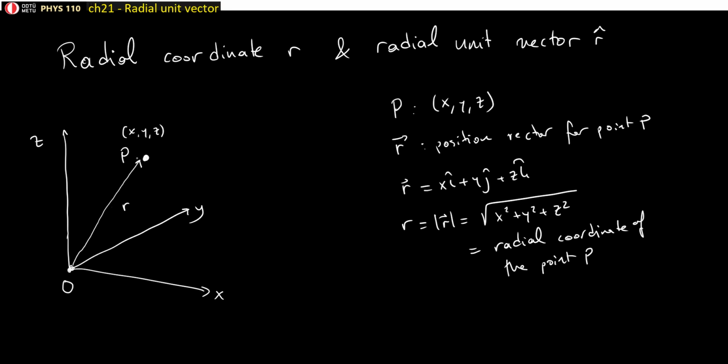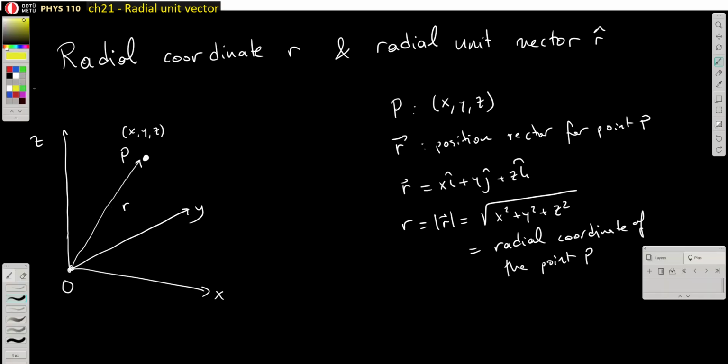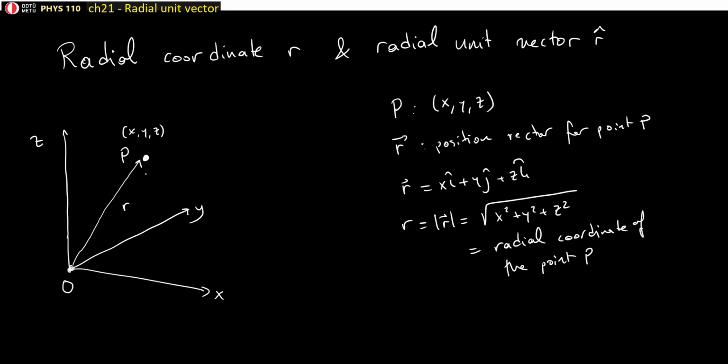In any case, so let me choose a different color in here. We can also define a direction, a unit vector associated with that coordinate, and that's always defined as the direction in which that coordinate increases. So basically, it is that direction in here.